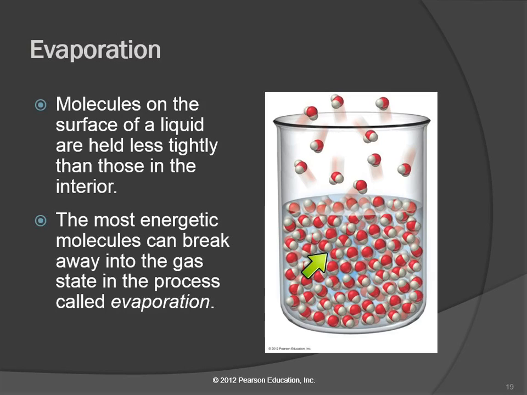The average depends on the temperature. So we've got some fast ones, and some really slow ones, and they're moving in different directions. If we have a fast-moving particle that heads towards the surface, it can have enough energy to break free from the surrounding molecules and get into the gas state.